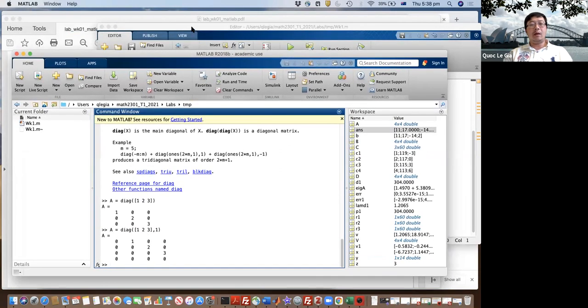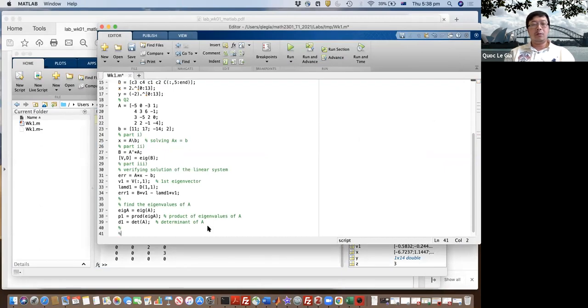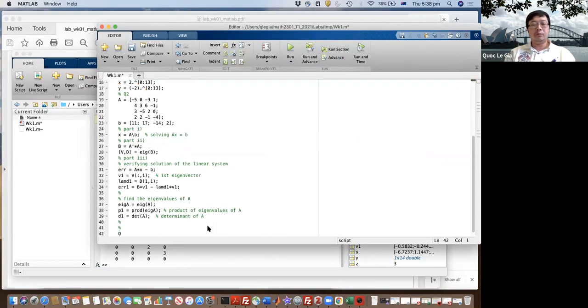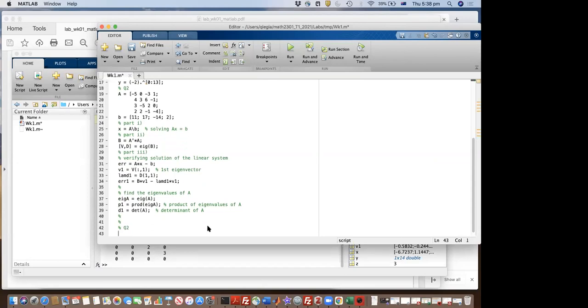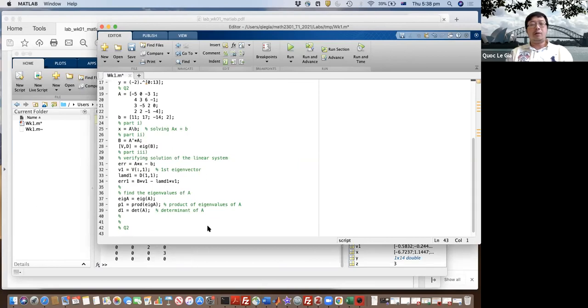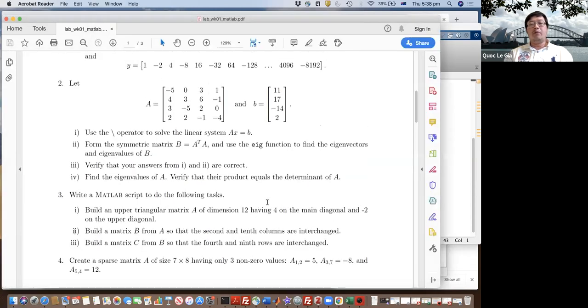So the question says they want dimension 12. Okay, so we go back to here. This one is question 2. So the first one will be I want dimension 12, and all of them having 4.